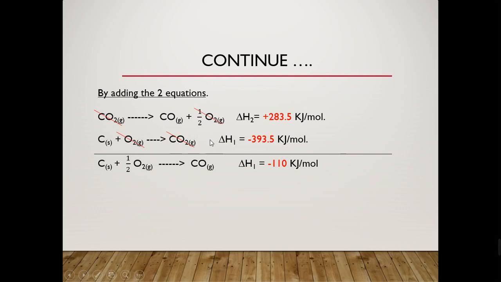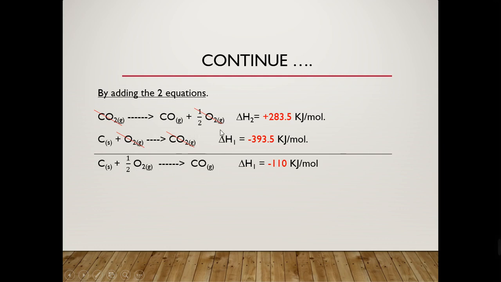The remaining components: carbon solid written here, half mole of oxygen gas remaining here in the reactant, and finally in the product carbon monoxide. This reaction is the final reaction that we wanted to reach.